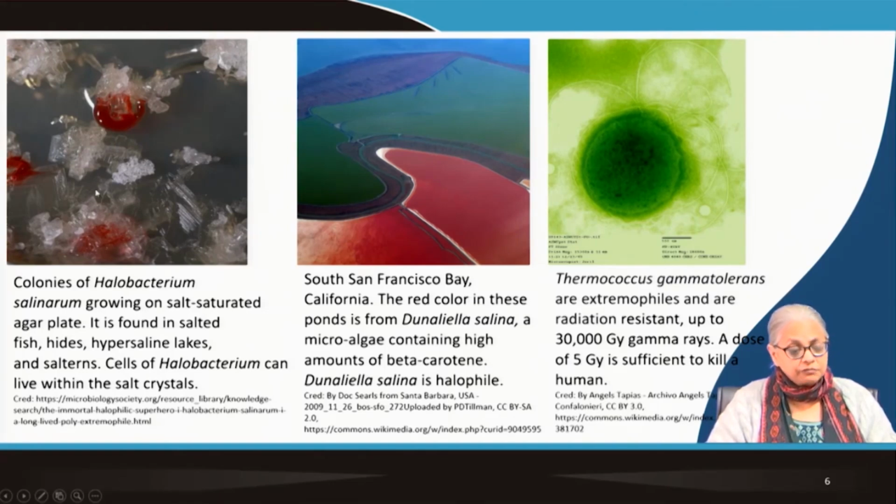This particular graphic is of a bacteria growing on salt saturated agar plates. You can find them in salted fish, in animal hides, hypersaline lakes, salt pans and salt urns. This graphic shows you algal growth in ponds.